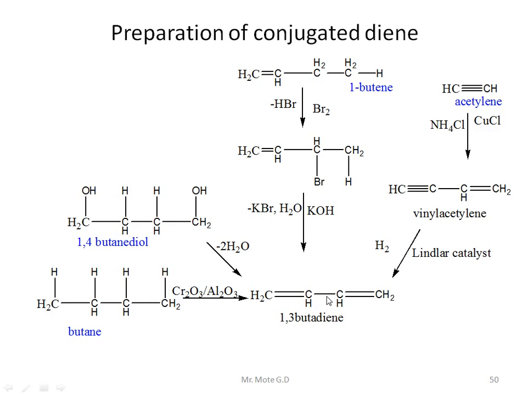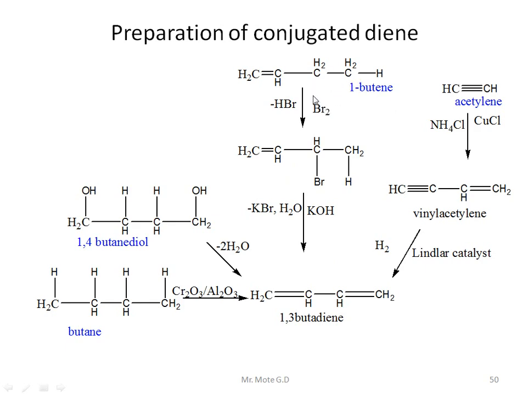Various preparation methods are there, from acetylene, from 1-butene, from 1,4-butanediol and butane. So acetylene treated with NH4Cl and CuCl, then we will have vinyl acetylene, again treated with Lindlar catalyst to form 1,3-butadiene.